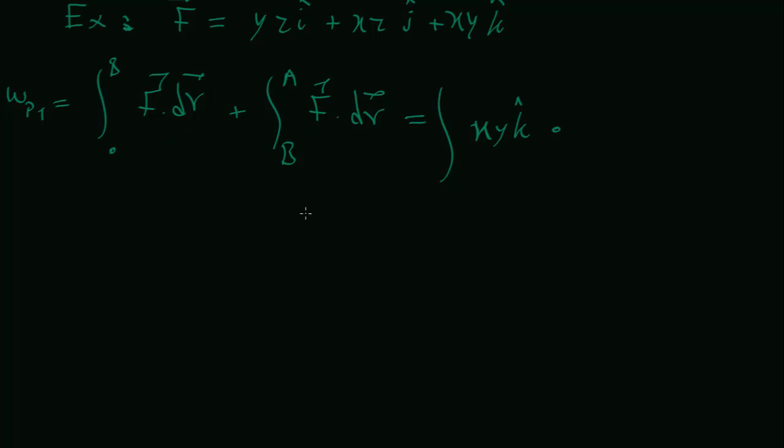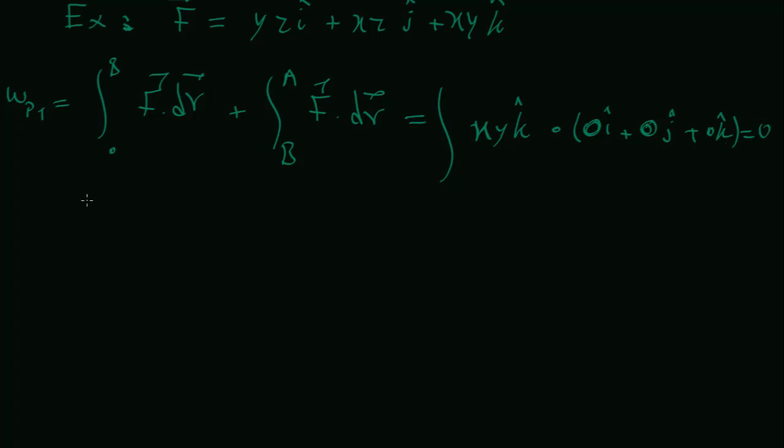Because Z was constant, dz was equal to 0. The i and j components are not important, because Z in the k is 0, so this integral is going to be 0.